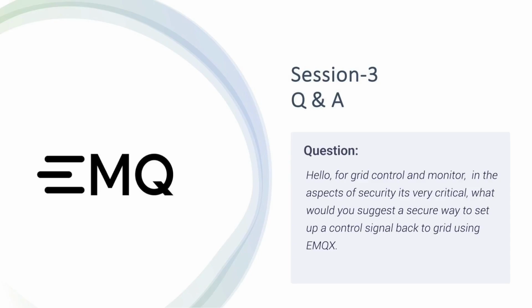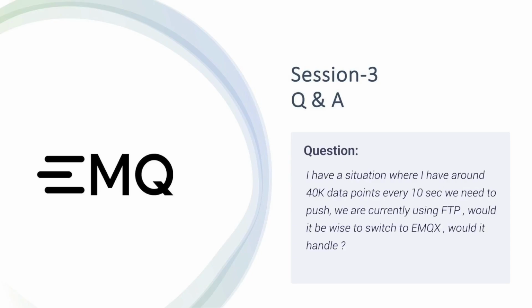Let me get to the next question. I have a situation where I have around 40K data points. Every 10 seconds, we need to push. We are currently using FTP. Would it be wise to switch to EMQX? Would it handle?